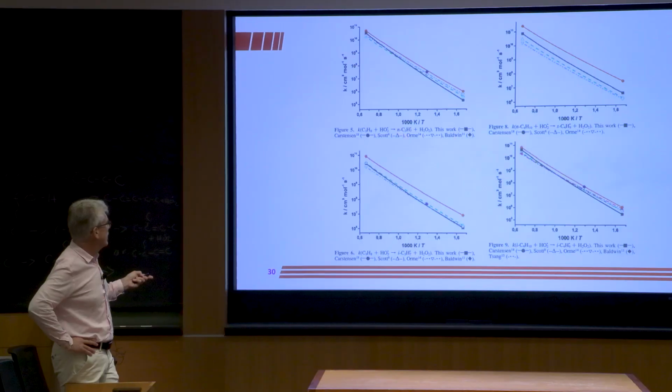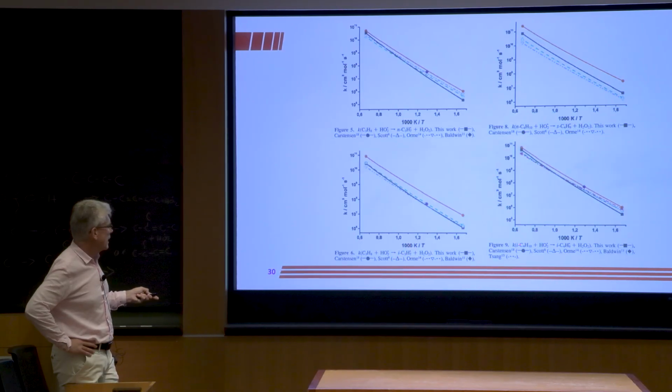Okay, so here we have propane, butane. This is giving you n-propyl radical. This is giving you the secondary butyl, right? This is secondary H atom abstraction from propane. And then this is primary H atom abstraction from isobutane.